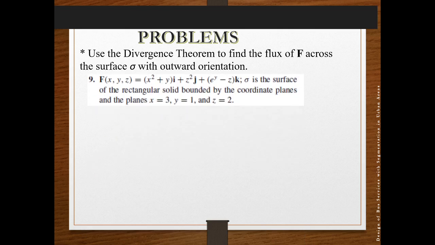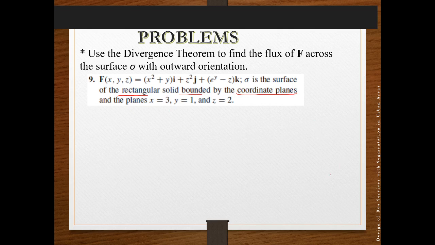F of x, y, z is given as x square i plus y square j plus e raised to y minus z k, and sigma is the surface of the rectangular solid bounded by the coordinate planes.